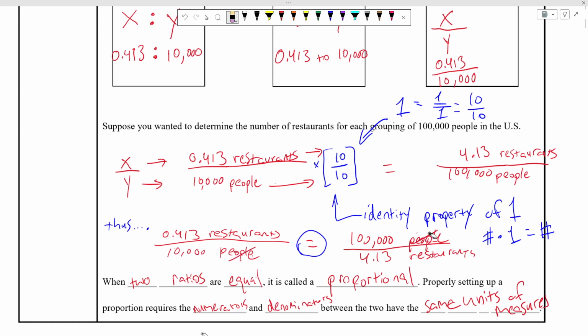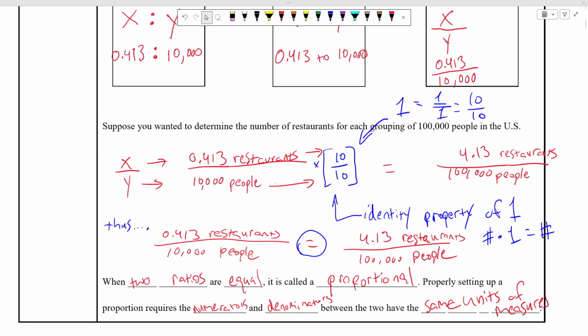There's just no sense in that, and it's not in line with the idea of proportions. So be very particular when you set up proportions to keep them the same, whether numerators or denominators, wherever they are. So, 100,000 people. Okay, makes sense.